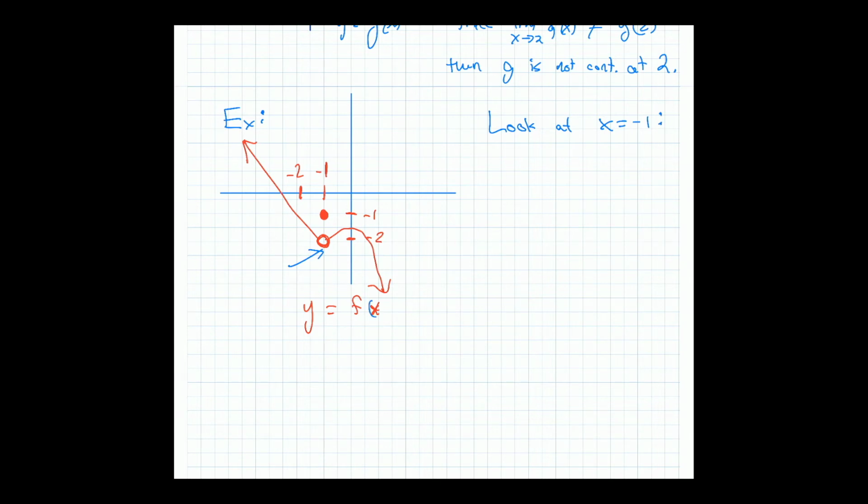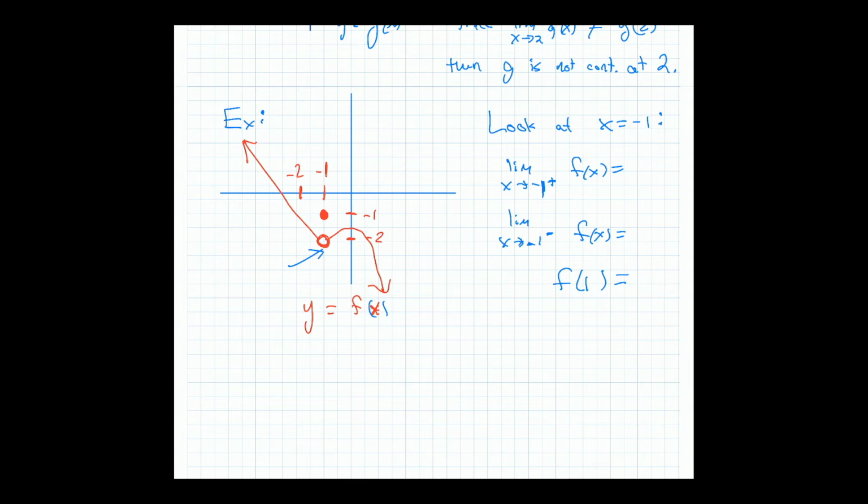Let's do the limit first. Limit as x approaches -1 from the right of f of x, and the limit as x approaches -1 from the left of f of x. And let's look at f of -1. So there are 3 things we can look at here.